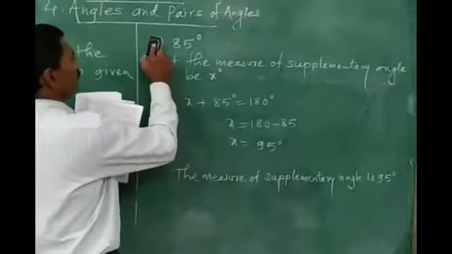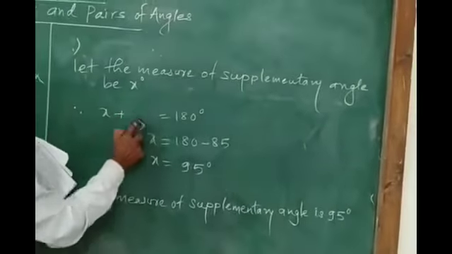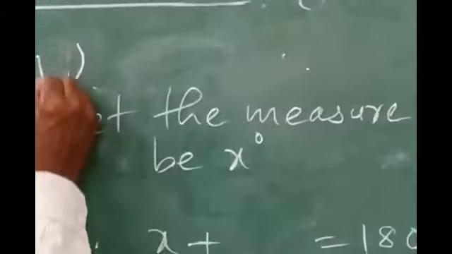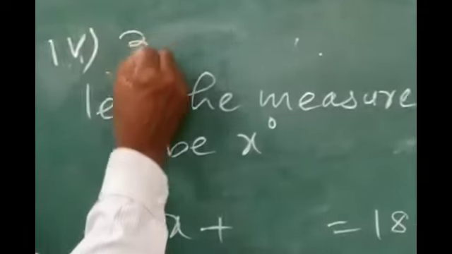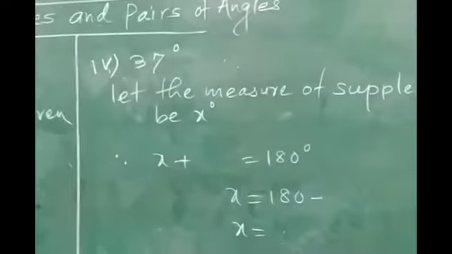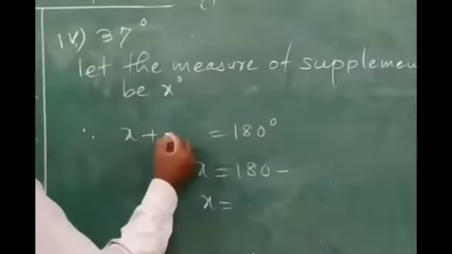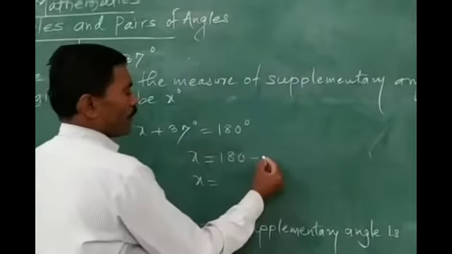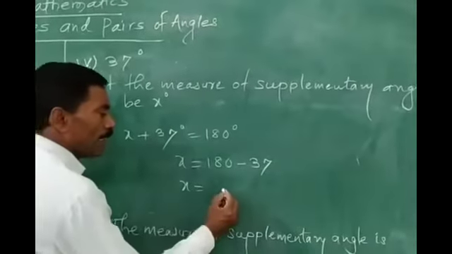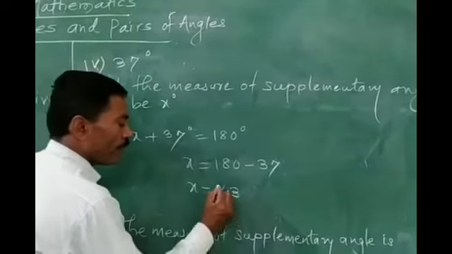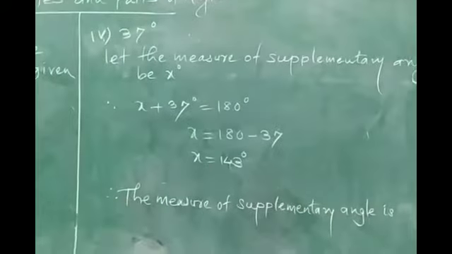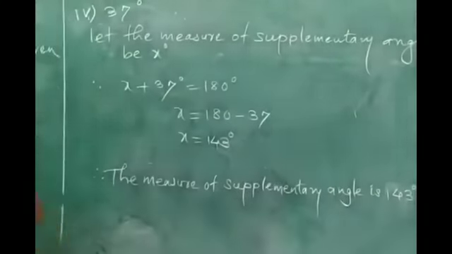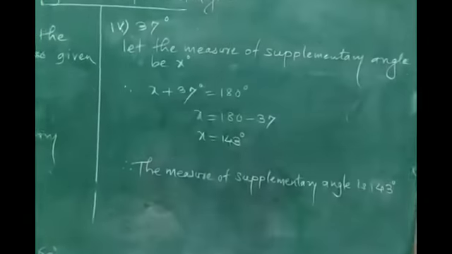In the fourth, 37 degrees is given. Let the measure of the supplementary angle be x. Therefore, x plus 37 degrees is equal to 180, x is equal to 180 minus 37, and x is equal to 143 degrees. And therefore, we can say the measure of the supplementary angle is 143 degrees.